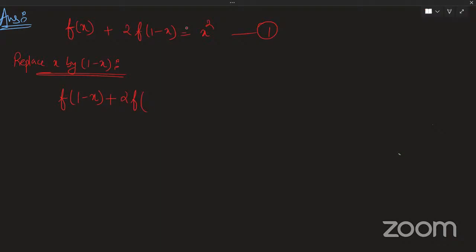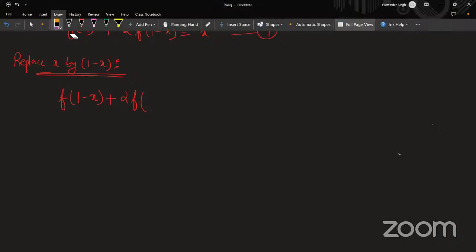Minus x. गलत है, दोबारा करो यार, सही से करो। x की जगह 1 minus x डालना है। क्या आएगा? One minus one minus x, sir.